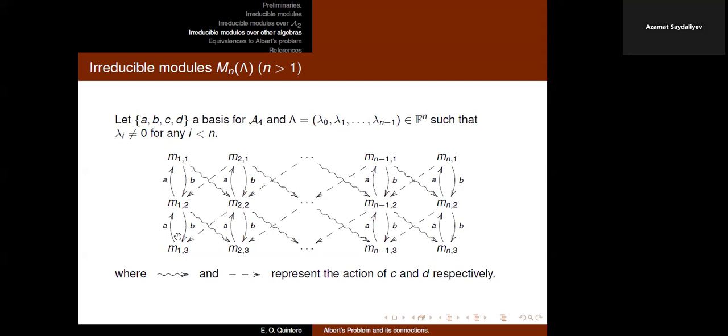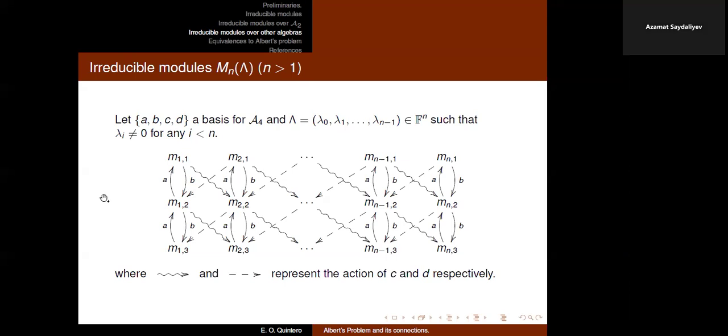And all of them are graded subspaces. In this case, the action of C is 0. And in the first case, the action of D, that D goes to the left, is 0. But they are down in the level in each graduation.